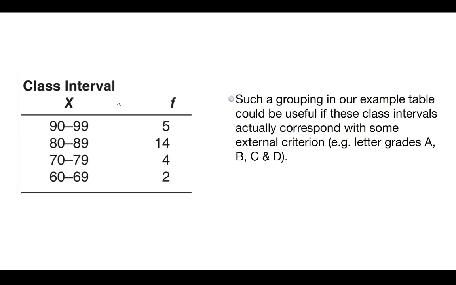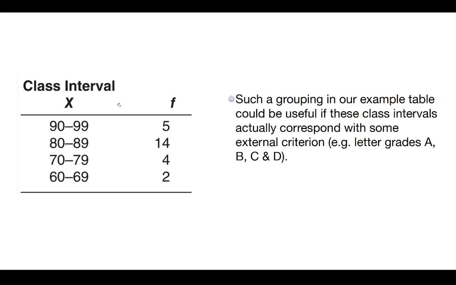In the example table that we have, such a grouping could be useful if these class intervals actually corresponded with some external criterion. For instance, the class intervals could correspond to the letter grades of A, B, C, and D, A meaning having the highest score or the perfect grade.